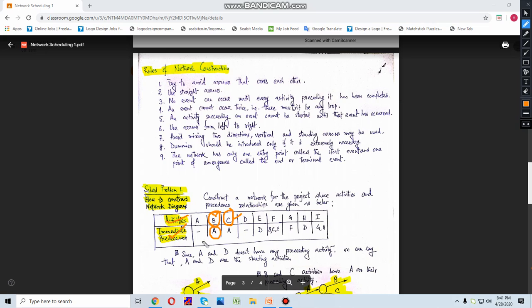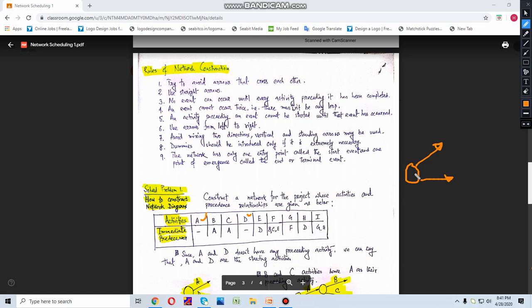First of all, you have to look at the whole problem, because this will help you. Now you will find that A and D don't have any immediate predecessor. That means they are generating from a single event.